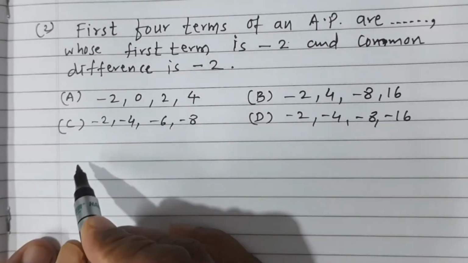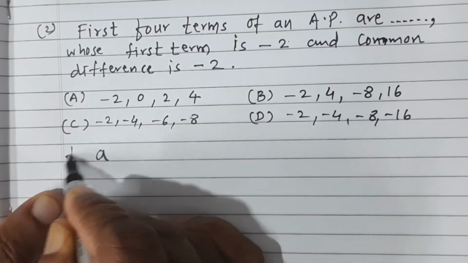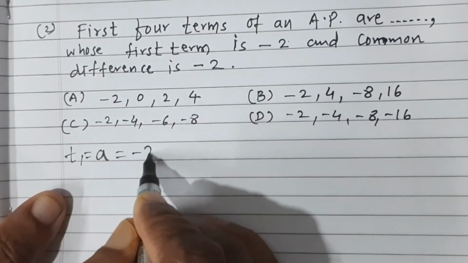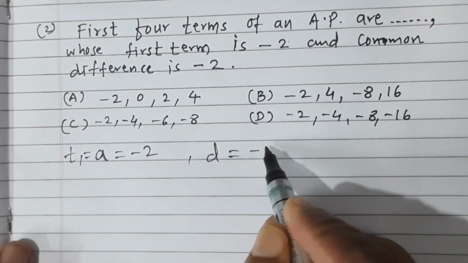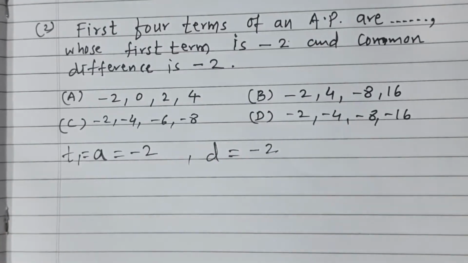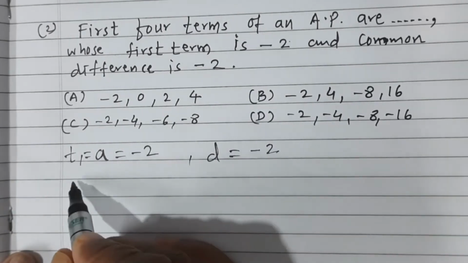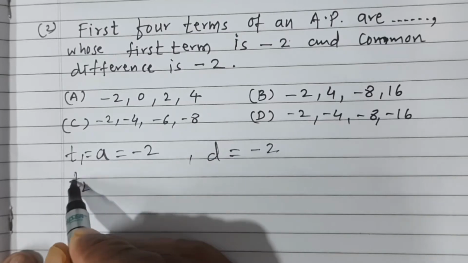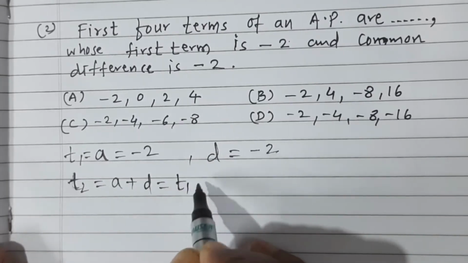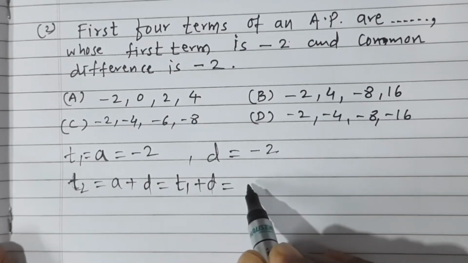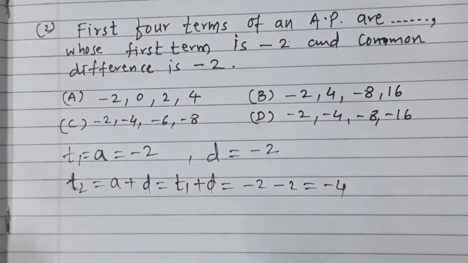So here it is given that first term A, which is also T1, is -2 and common difference is also -2. So the first term T1 is equal to A, that is -2. T2, the second term, is A plus D, that is T1 plus D, which is equal to -2 minus 2, which is equal to -4.